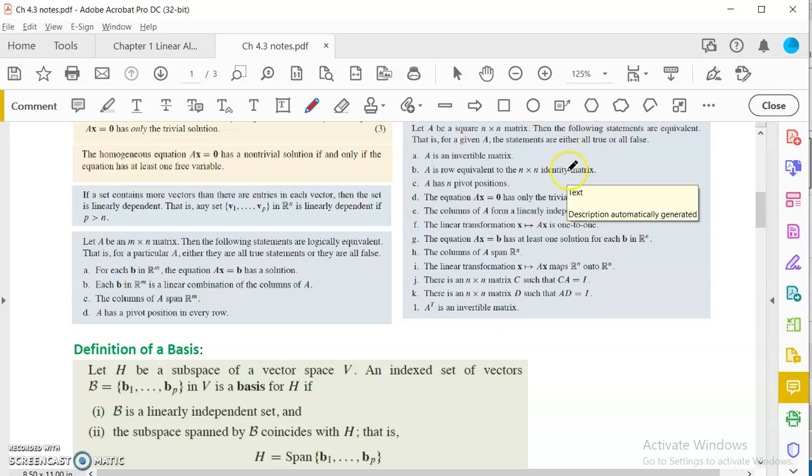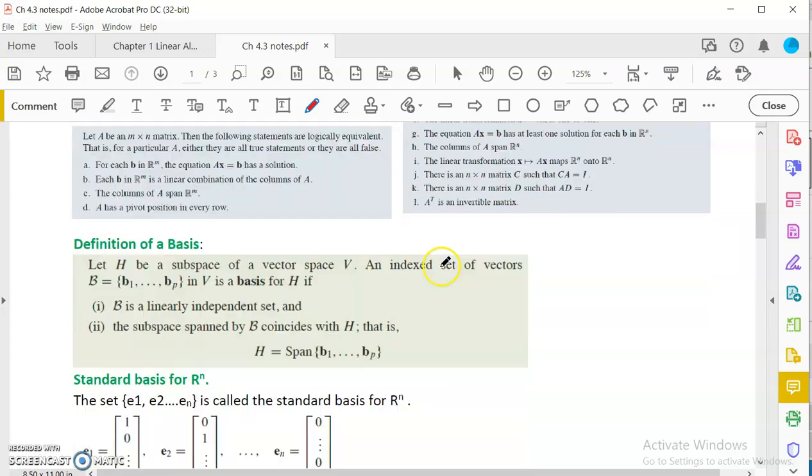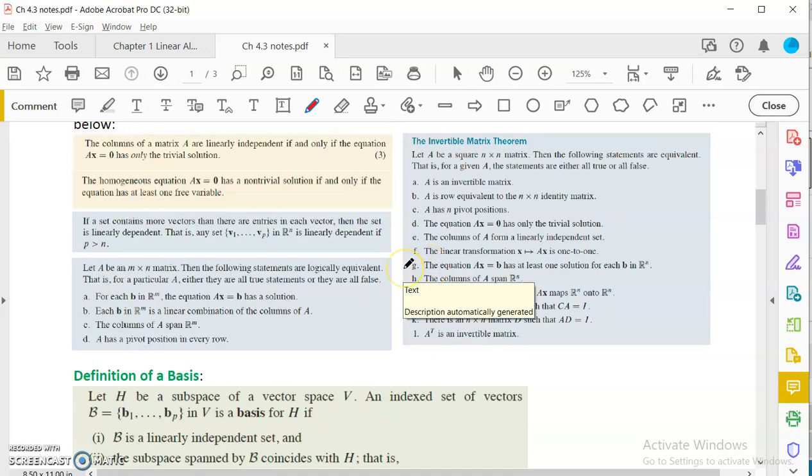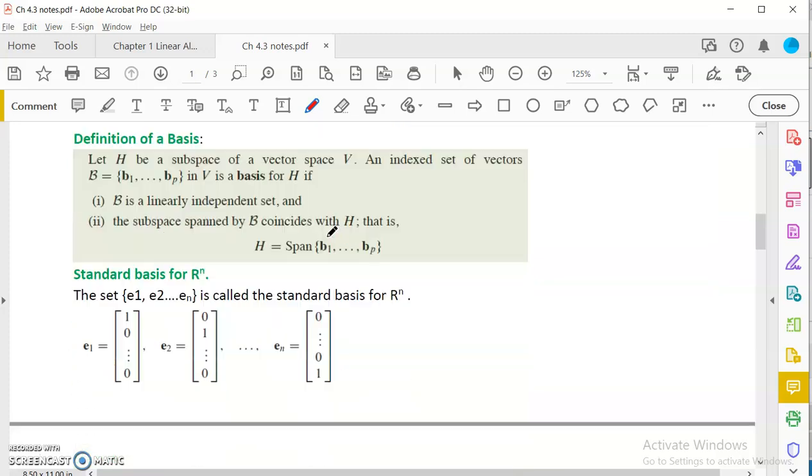And if it's an N by N matrix, the good thing is a linearly independent set of N vectors already would span Rn. Another thing I want to say is if you have a set of P vectors, where P is greater than N, then they must be dependent. So it cannot be a basis. It might span Rn, but it would not be a basis.